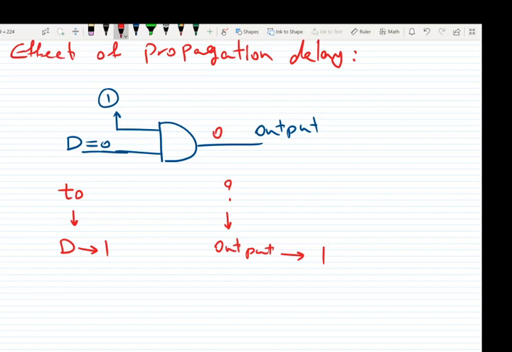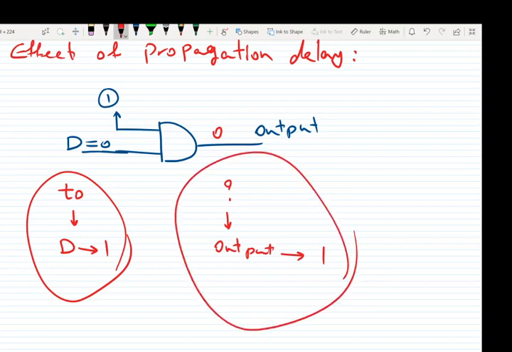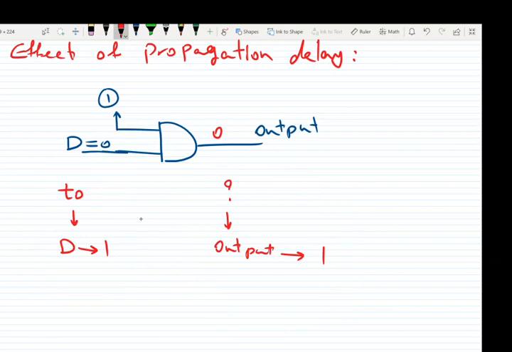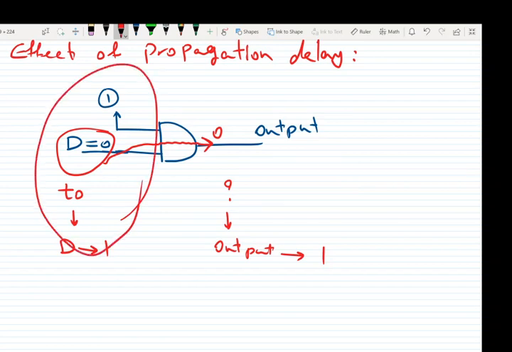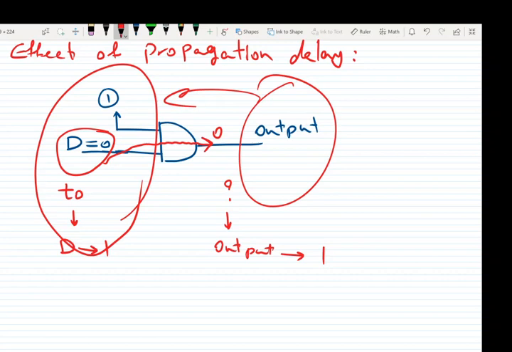If at t0 the input changes, does the output immediately change? No. It takes some time for the input to propagate through the device and reach the output. There is a delay for the data to affect the output based on the input.